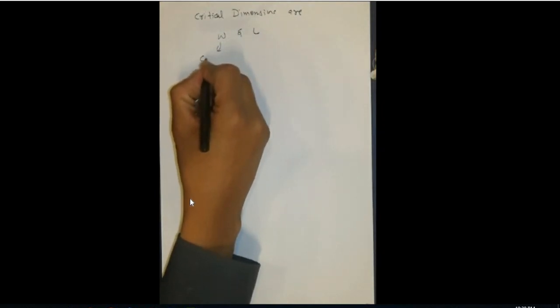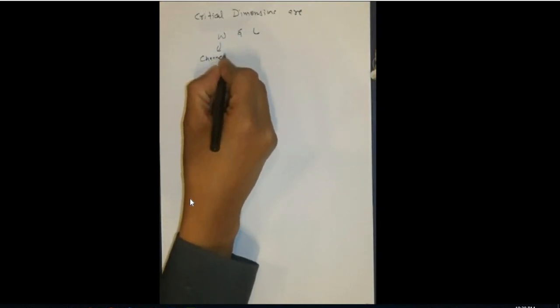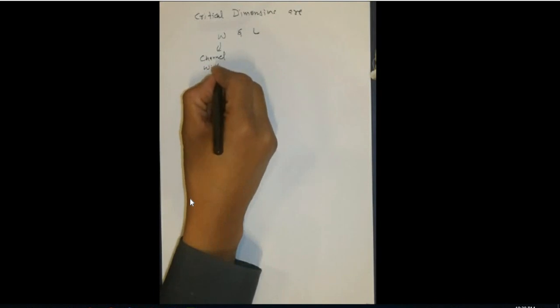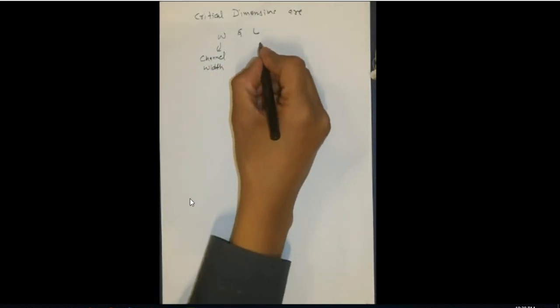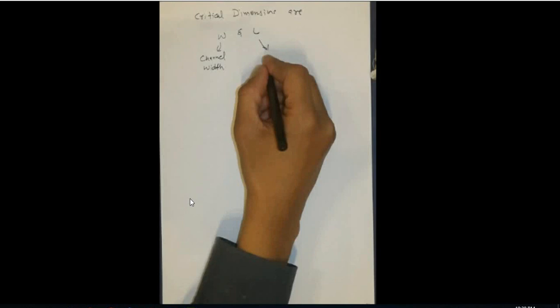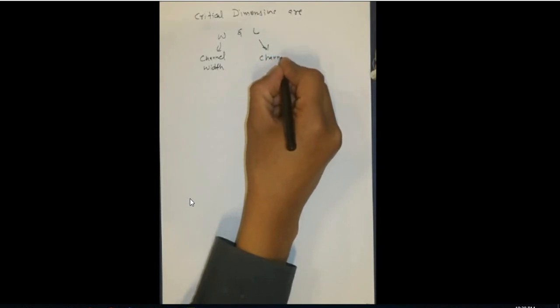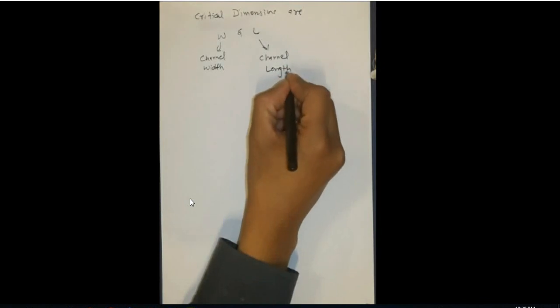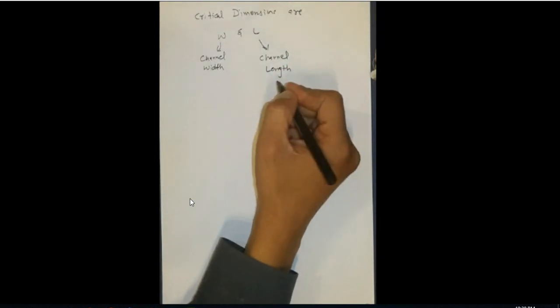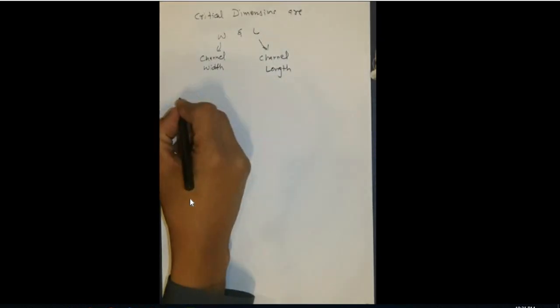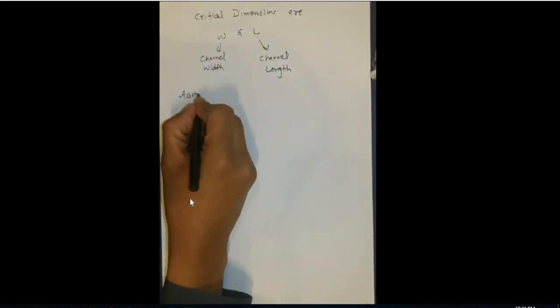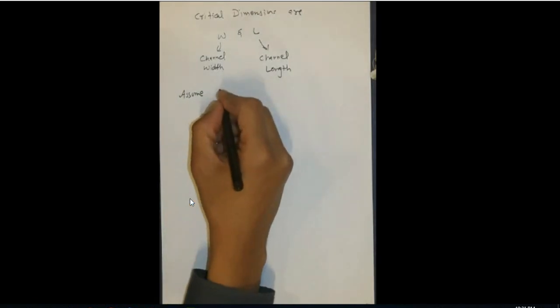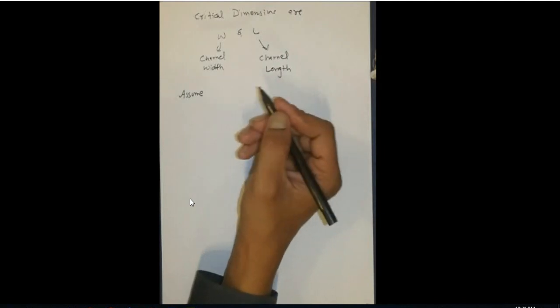This width is our channel width, and this length is our channel length. And if we have to design a reduced size inverter, we assume both sides are reduced by a scaling factor, which is given by some constant.